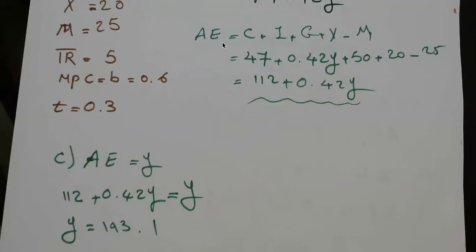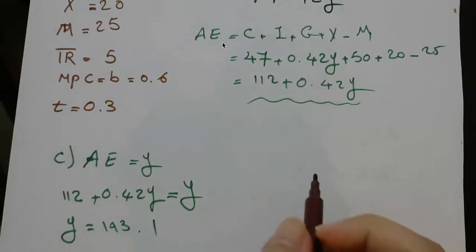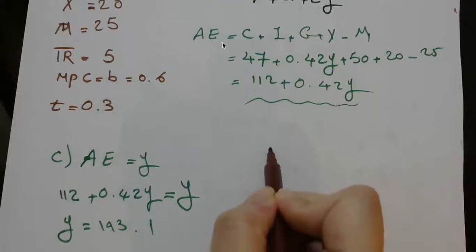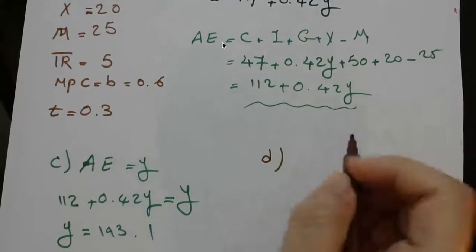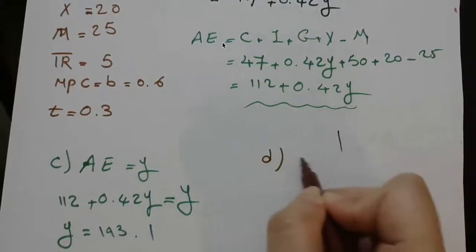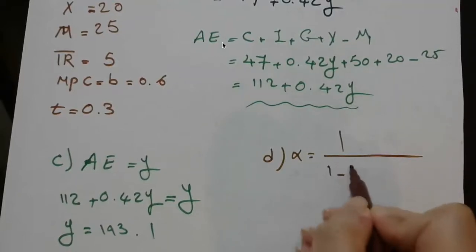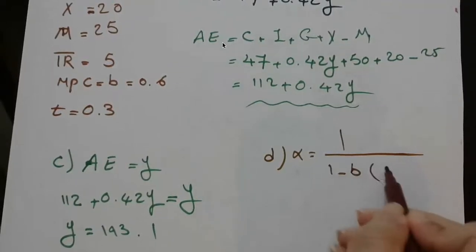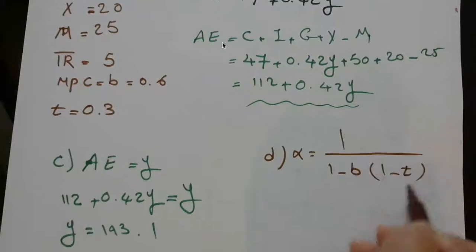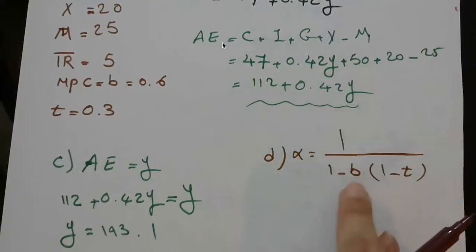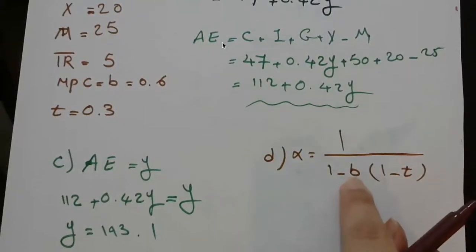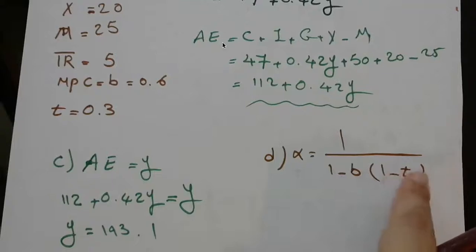Then next part is asking to calculate the multiplier effect. Again, like before, multiplier effect, the formula you remember, 1 over 1 minus B for a 2 sector economy. If it is the open economy, 1 minus T is also added. Just remember that this B is going to be implemented in the bracket, okay?